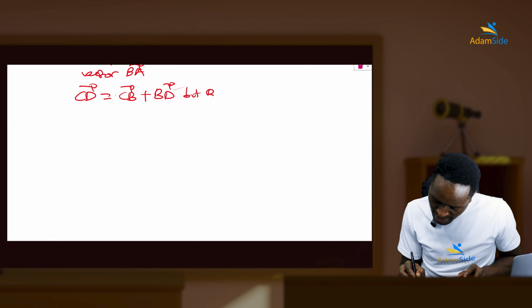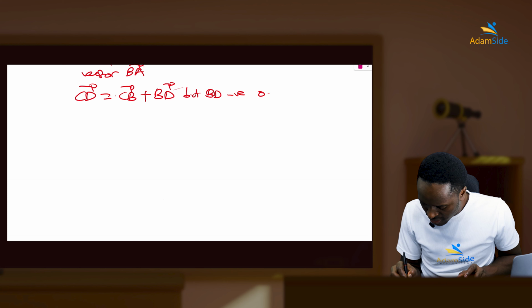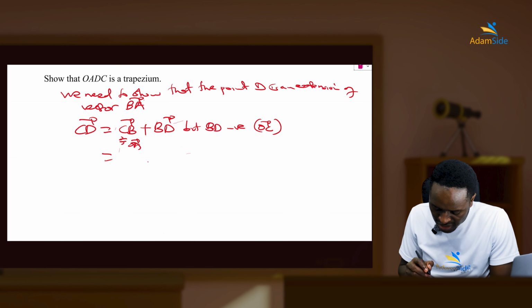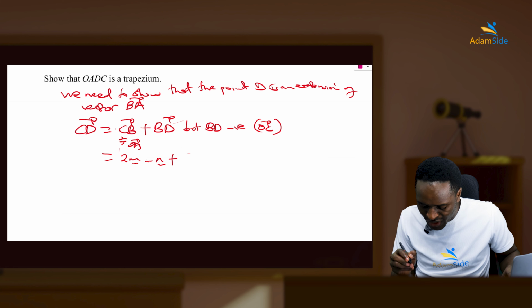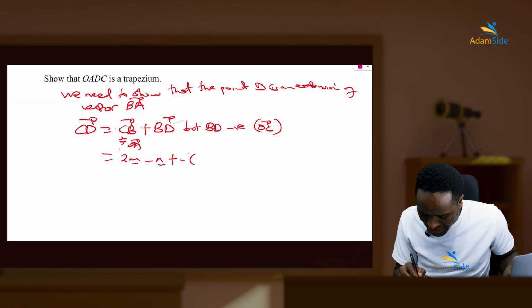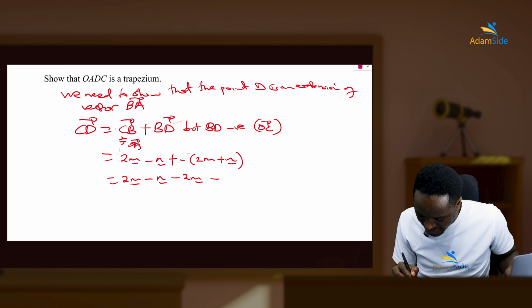But vector BD is the negative of vector OC. Vector CB is 2m minus n plus vector BD, which is the negative of vector OC, so plus minus 2m plus n. If you do this, you get vector 2m minus n minus 2m minus n.